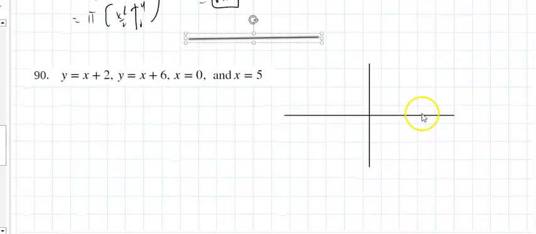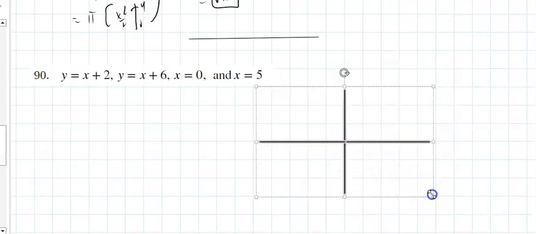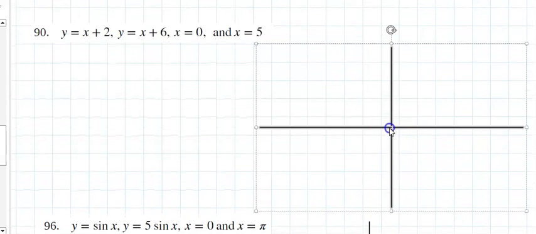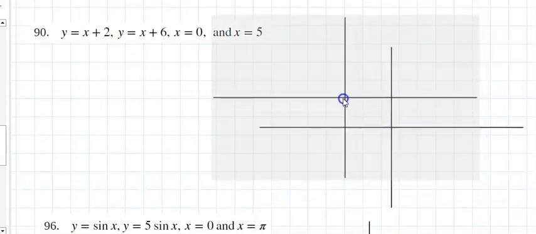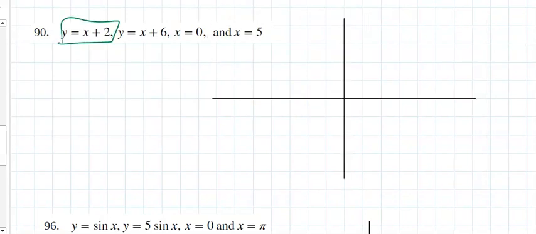If I take those two lines, y equals x plus 2, let's say that's 2. I rise 1, I run 1. Here we go. Okay, what's up with these circles?